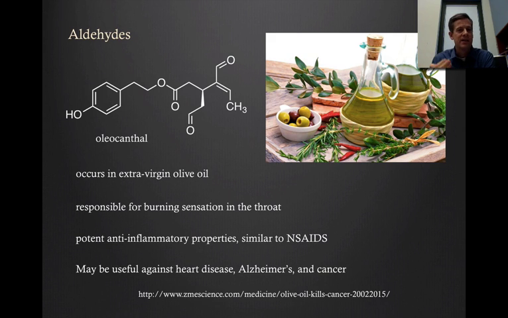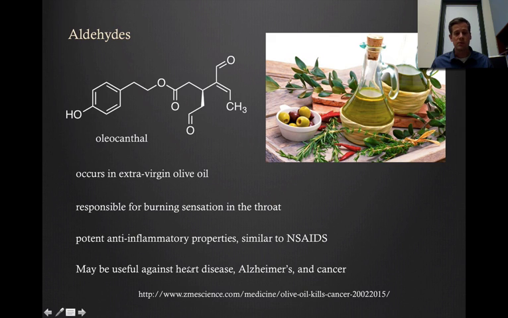But what's maybe even more interesting is that there's some evidence to suggest that oleocanthal may be useful in preventing heart disease, which may be one of the characteristics responsible for the benefits of the Mediterranean diet. It might also have some use in warding off Alzheimer's. And most interestingly, oleocanthal has been shown to have anti-cancer properties.